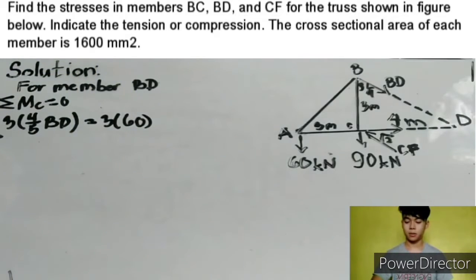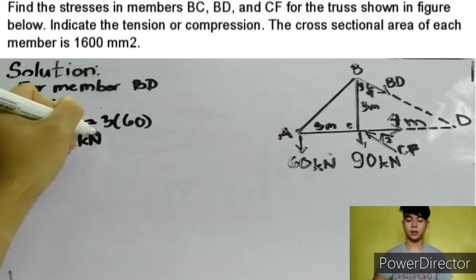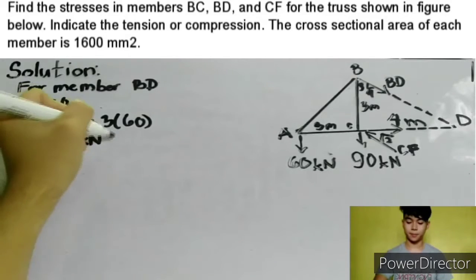So, the force in member BD is equal to 75 kilonewton, and it is tension.